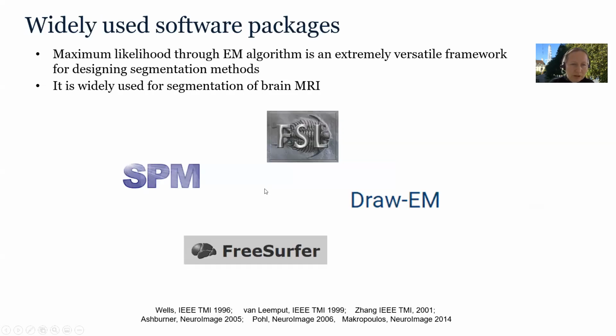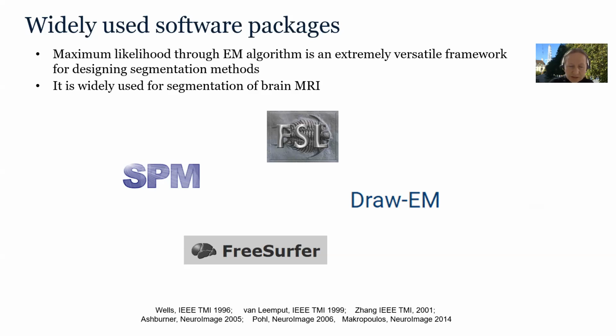So this is all I wanted to show you about this kind of framework. But the conclusion to take out of it is that maximum likelihood through the EM algorithm is an extremely versatile framework for designing segmentation methods, and it is widely used for segmentation of brain MRI. These are the famous, widely used software packages that implement some versions of this approach.